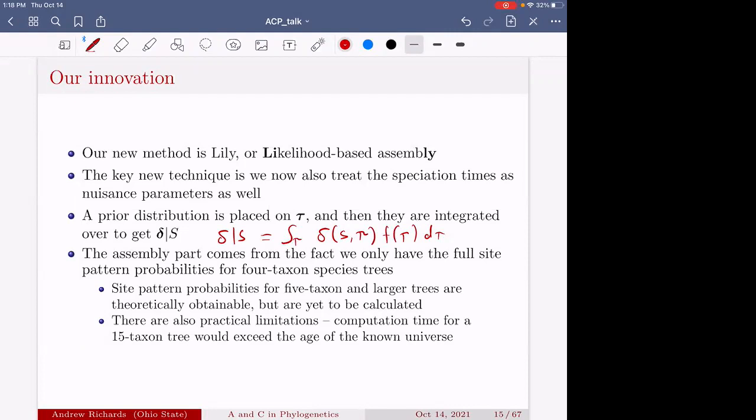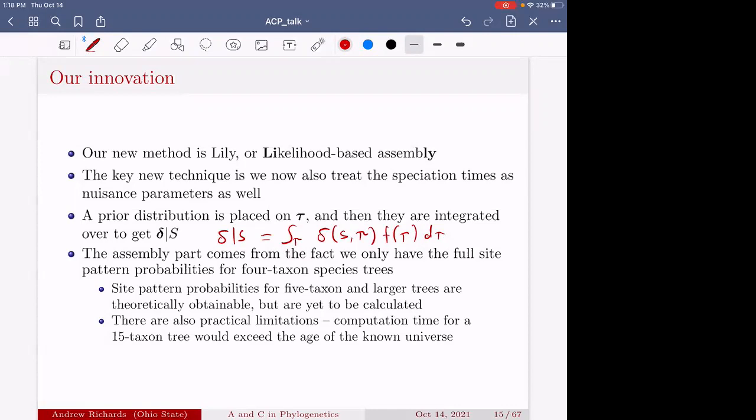And the assembly part of the name comes from the fact that we can only really do this for up to 4 taxon trees. Site pattern probabilities for larger taxon trees are theoretically obtainable, but have yet to be calculated. And there are just practical limitations in terms of computation time to integrate over all these possible, larger trees.